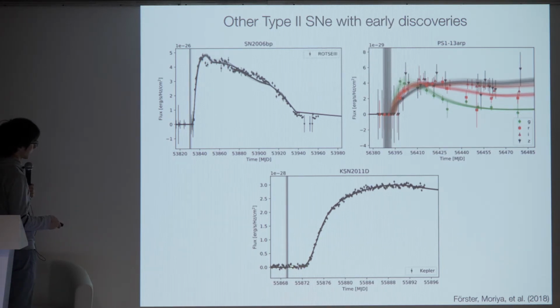It caught this type 2 supernova just when it was exploding. And this line, our model explains very well. So basically circumstellar matter is required to explain this early quick rise of type 2 supernovae.